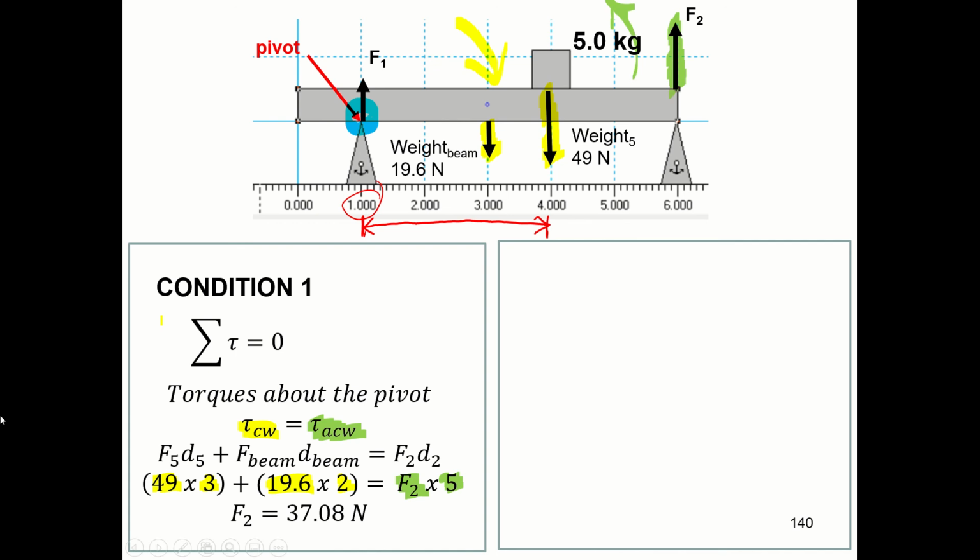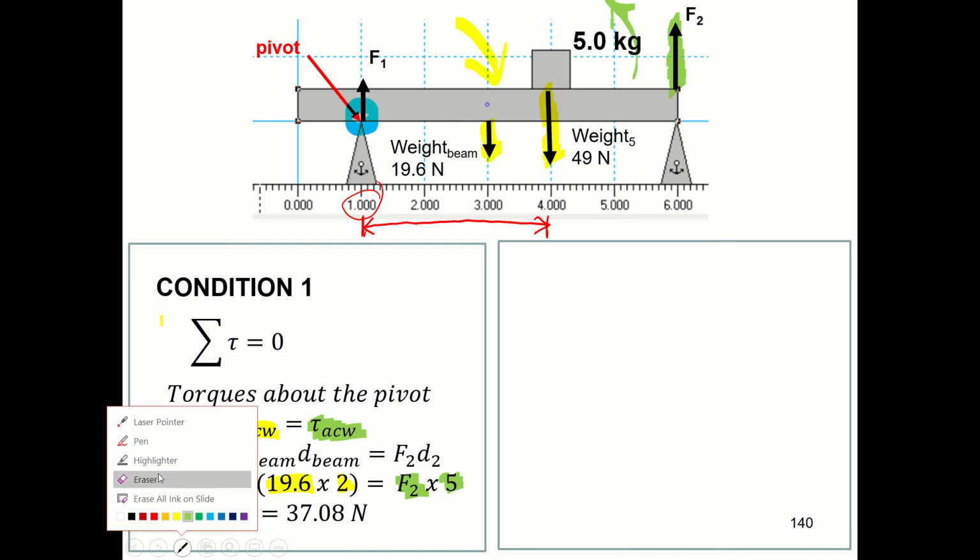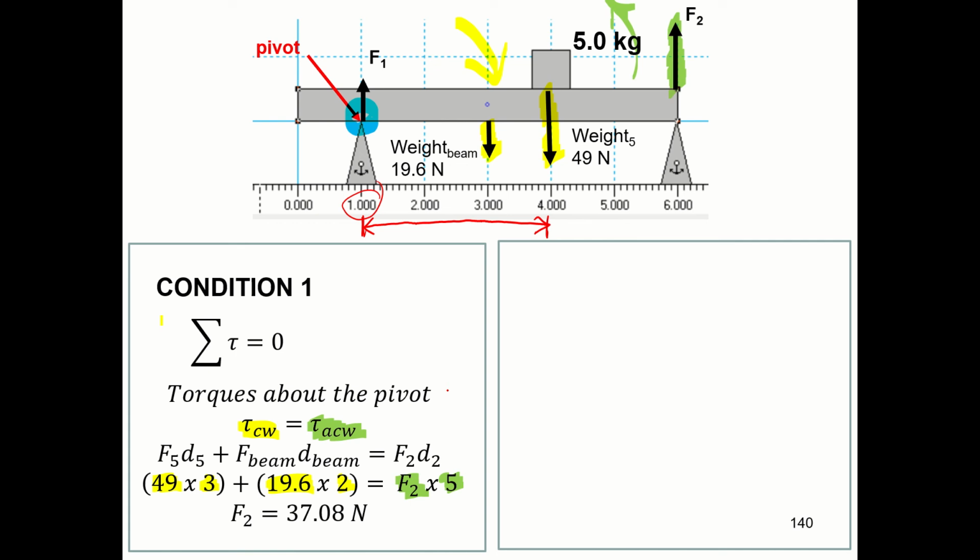So 49 times 3, that's 147, plus 19.6 times 2, that's 39.2. So that equals 5 F2.